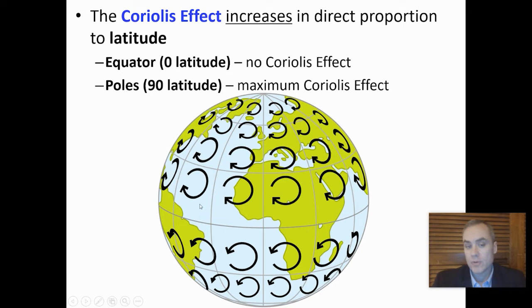But as you go further and further up the globe, then you are no longer just perpendicular to the plane of the Earth's rotation. You are more and more at an angle because the surface of the Earth, with the curvature of the Earth, gets more and more and more to where it's at the end, at the poles. At the poles, you're actually parallel to the plane of the Earth's rotation. So let's take the opposite example.